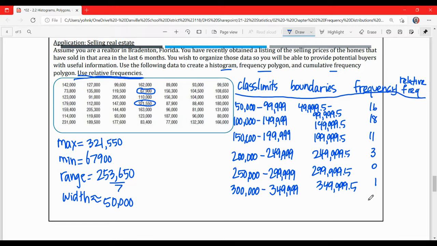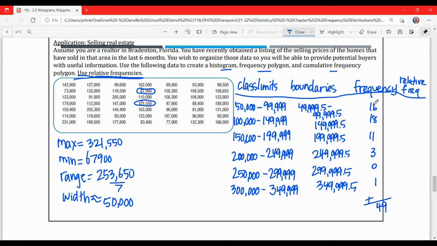So remember, there's supposed to be 50 altogether. So let's see, 16 and 18 is 34, 35, 36, 37, 38. Oh, there's only 49. My bad. There are only 49, because there's 7 down and 7 across.